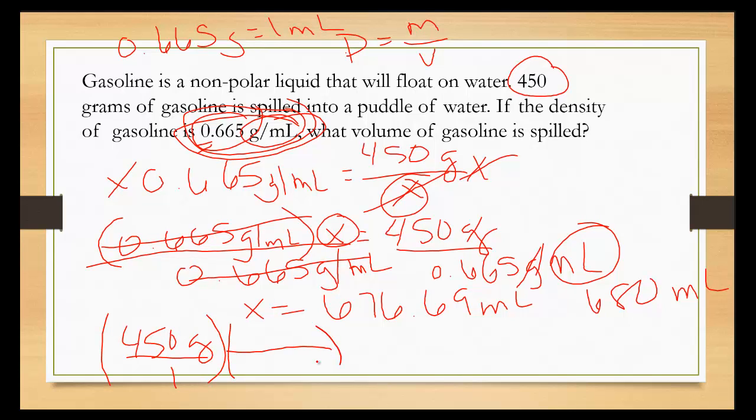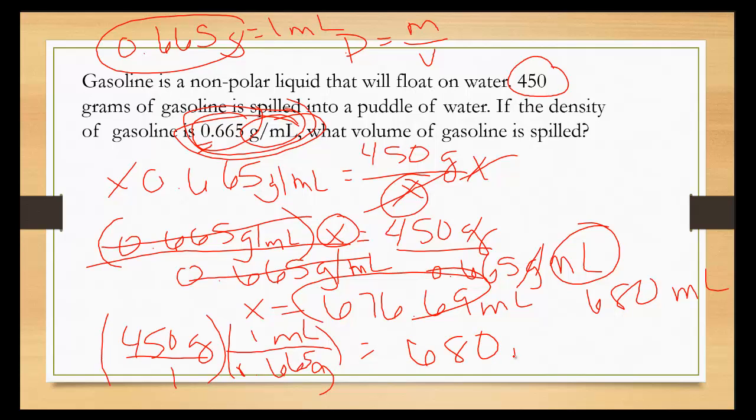Here's my grams, 0.665 is equal to 1 milliliter. So 450 divided by 0.665, once again, is 676, which rounds off to be 680 milliliters. Notice either way you're dividing 450 by 0.665. It's just two different ways of looking at the question. And that's how you perform density equations.